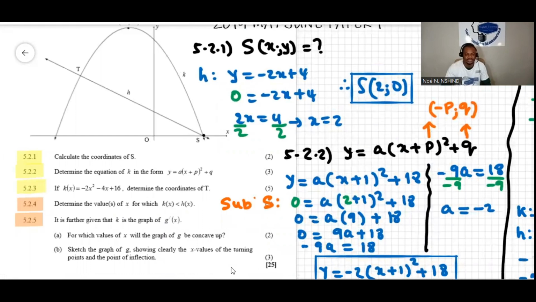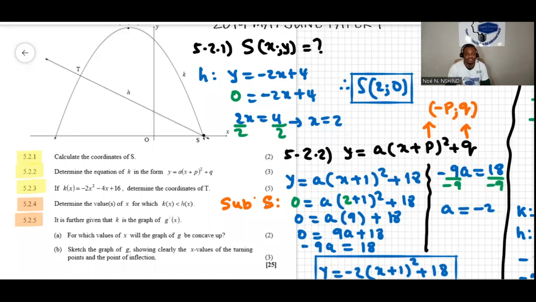The question says that it is further given that k is the graph of g prime of x.